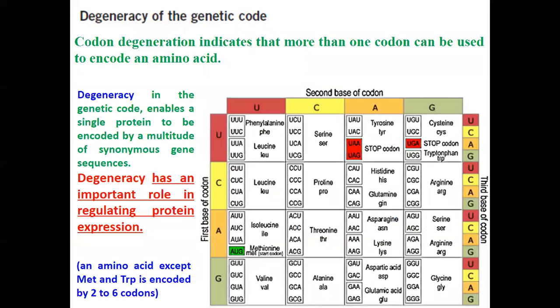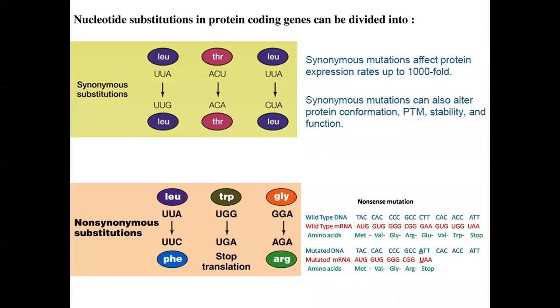So in continuation of this slide, the degeneracy of the genetic code, we will discuss nucleotide substitution in protein coding genes. There are two important substitutions, which can be divided into synonymous substitutions and non-synonymous substitutions.